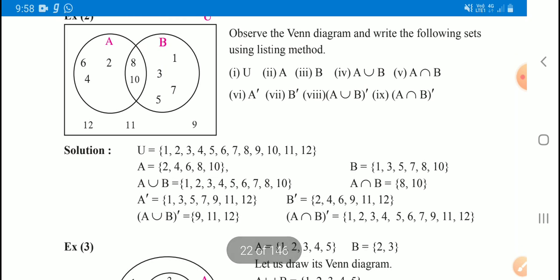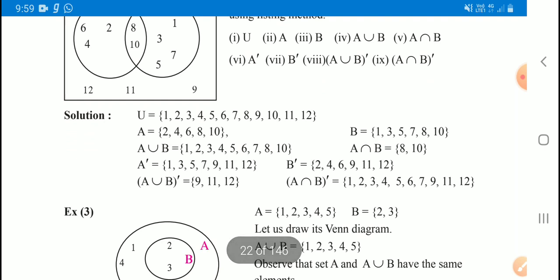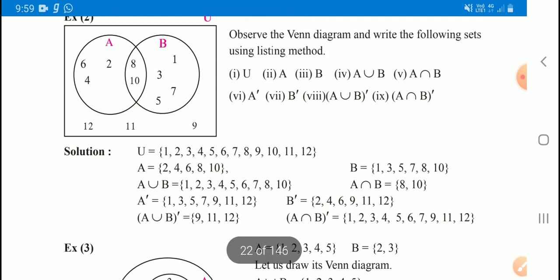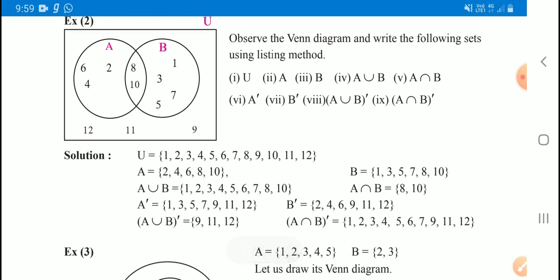B contains the elements 8, 10, 3, 5, 7, 1. You know that the order of elements is not important, but you should write all the elements of those sets. Set U contains the elements 6, 4, 2, 8, 10, 1, 3, 5, 7 as well as 9, 11 and 12. If you keep this in order, then you will get the set U is equal to 1, 2, 3, 4, 5, 6, 7, 8, 9, 10, 11, 12.